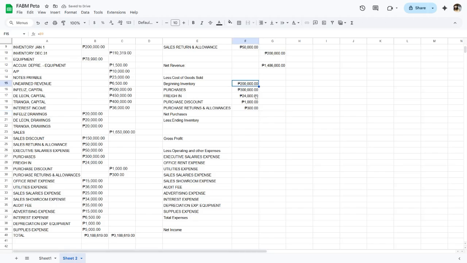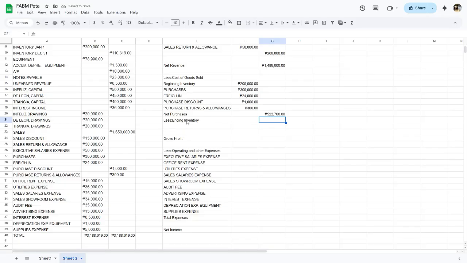Add the purchases and freight in, then subtract the discounts and returns. That would be our net purchases.